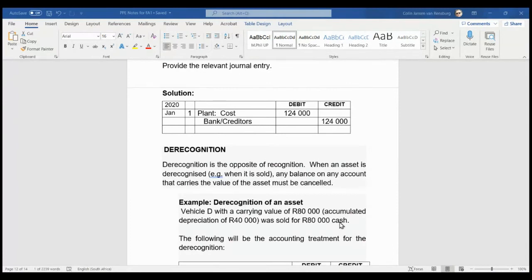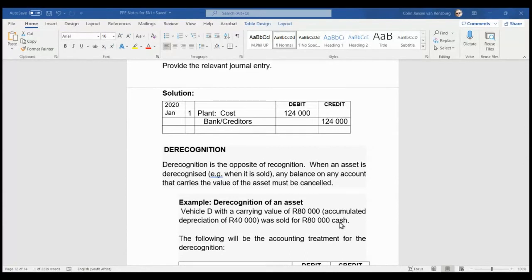We arrive at the carrying value by deducting the accumulated depreciation account balance from the cost account balance. But we haven't got an account called vehicles carrying value. There is no such account. It's a combination of the cost and the accumulated depreciation. So therefore, we've got to go and get rid of those balances.